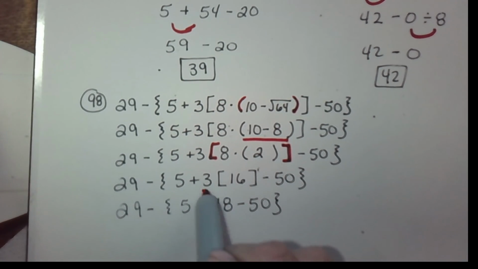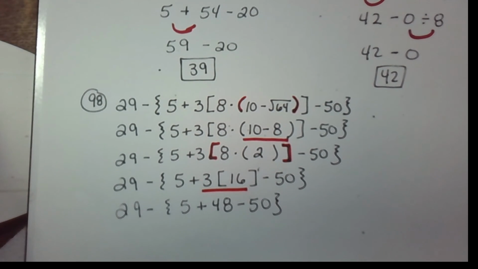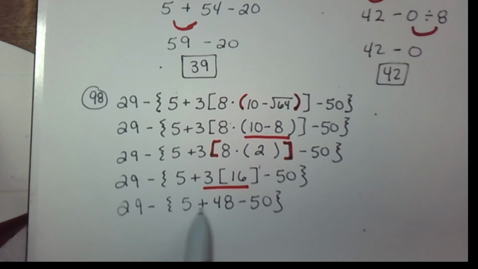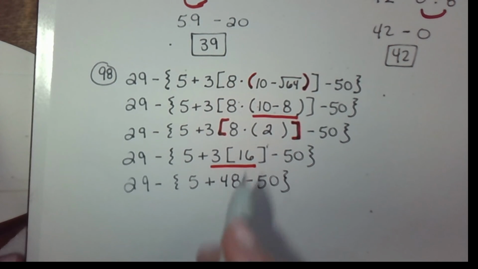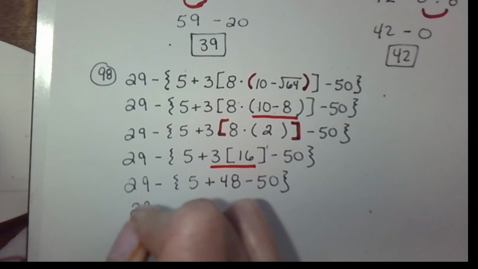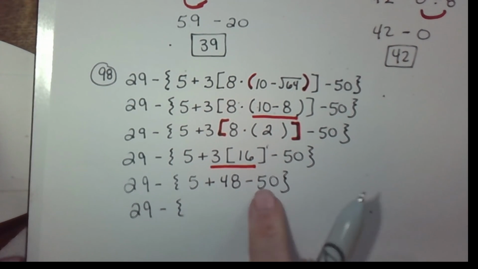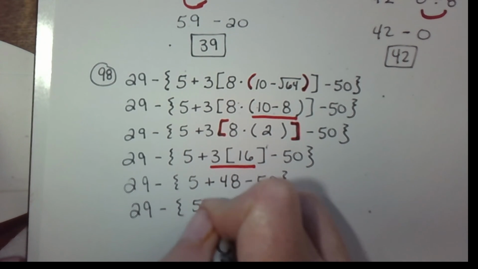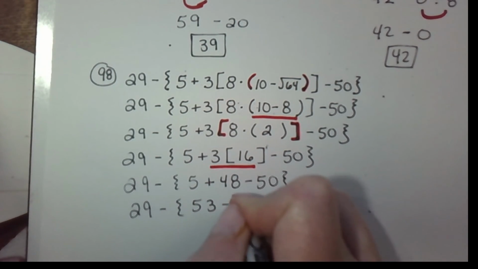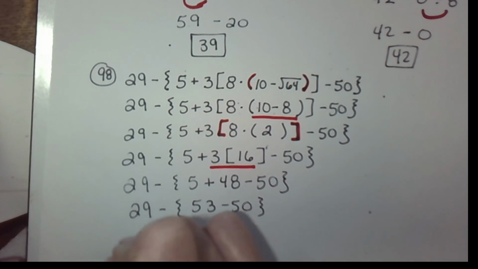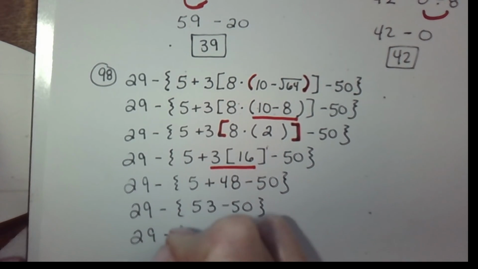Okay, so we did this right here, multiplied 3 times 16. Now just add and subtract these, and you can do that in one step or two steps, whatever's easier for you, to get that down to one number. Okay, I'm just going to do it. 5 plus 48 is 53. And then 53 minus 50 is 3.